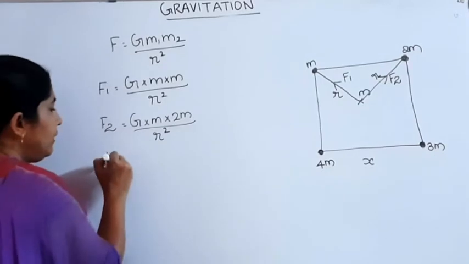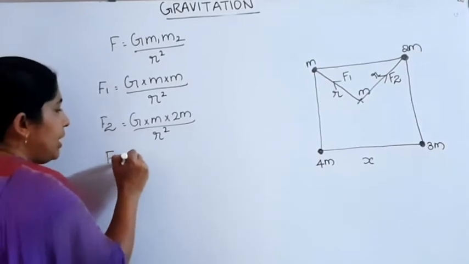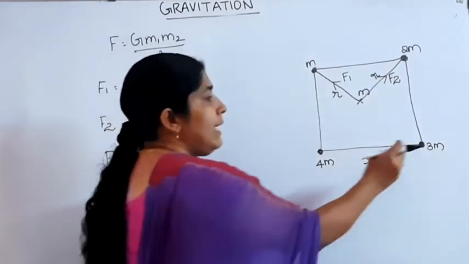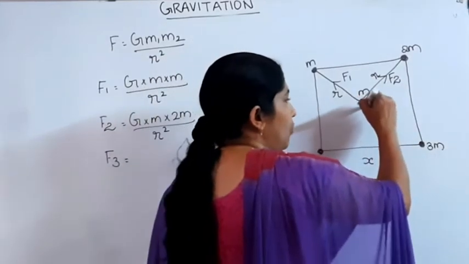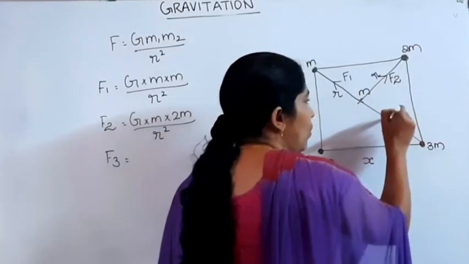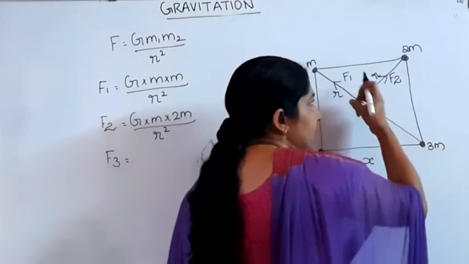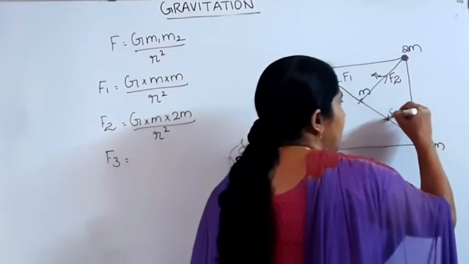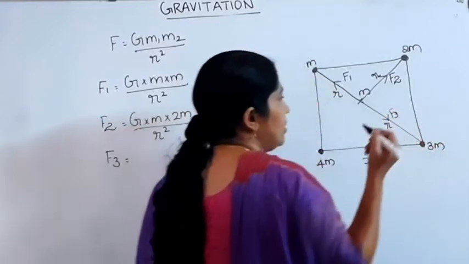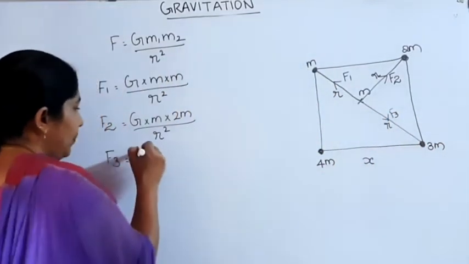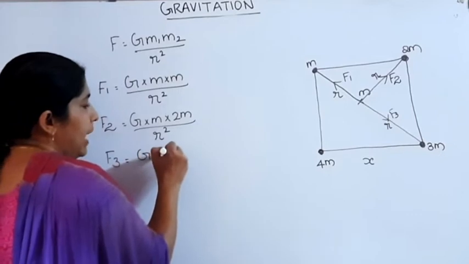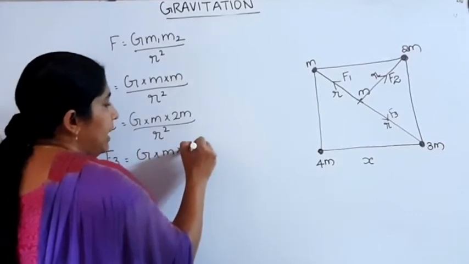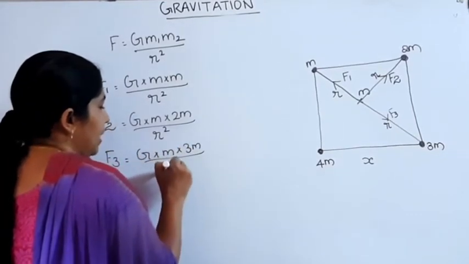What about the third force, F3? F3 is the force between 3m and m. It is also attractive. This 3m mass attracts small m in this direction, that is F3. That distance is also taken as r. So F3 is G into m into 3m divided by r square.